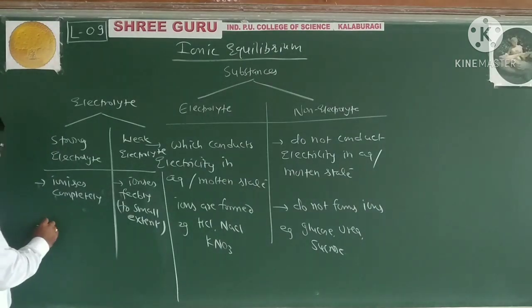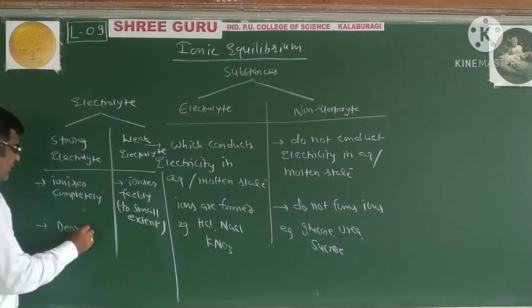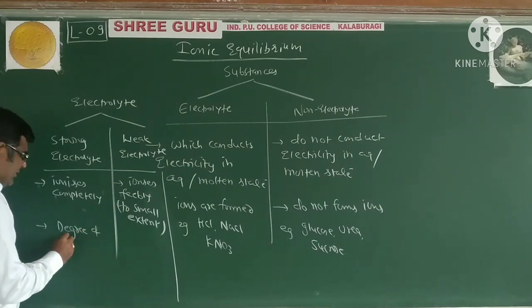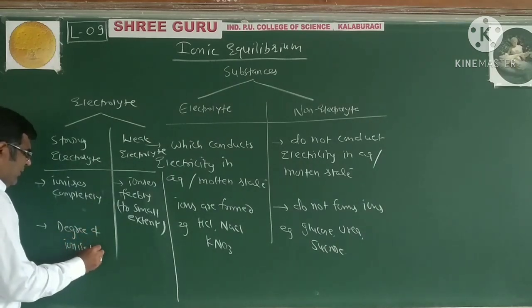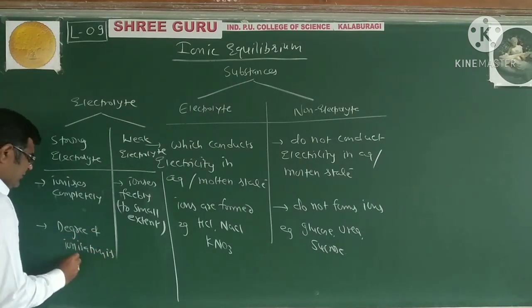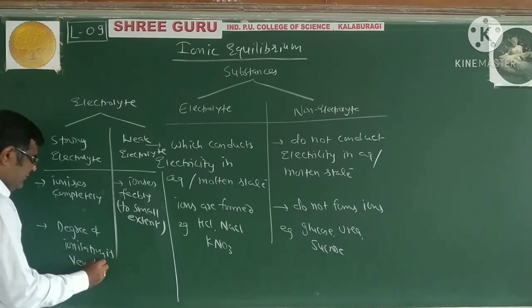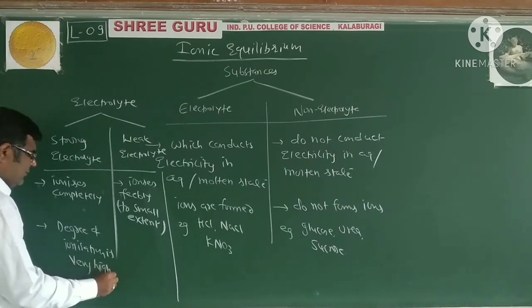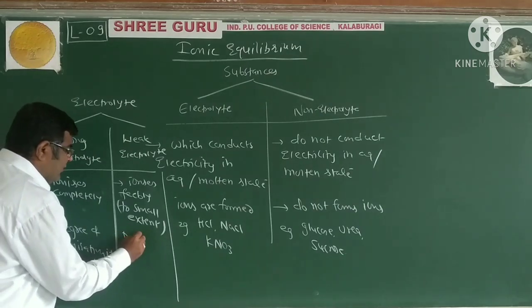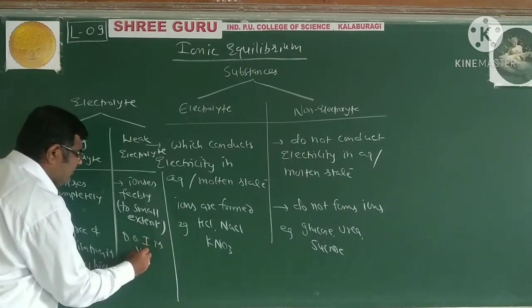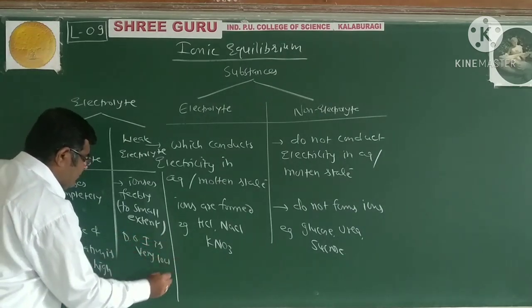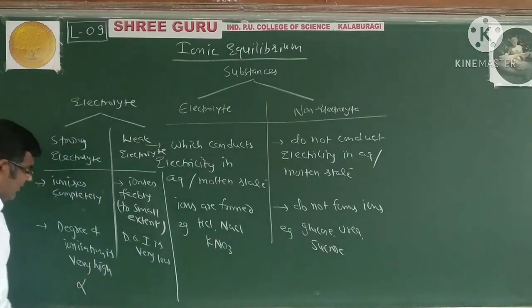We can say here the degree of ionization, the extent of ionization, is very high, and here the degree of ionization is very low. This alpha, we call the degree of ionization.